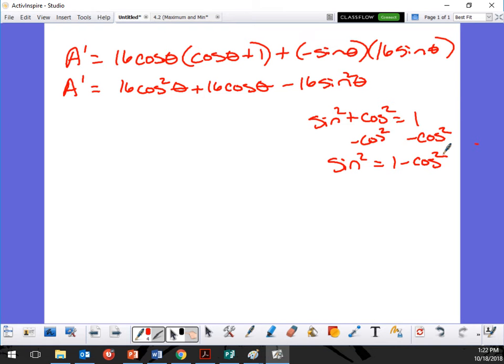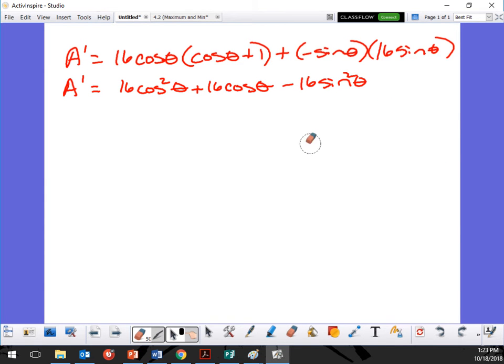I didn't use thetas or x's, it's just the identity. So I'm replacing sine squared with 1 minus cosine squared. Okay, so that's right here for those people that weren't paying attention or forgot about trigonometry. So trig's your friend. It's supposed to help your math problems become easier. It is, because you don't want to mess with this like this. So I'm going to replace that.